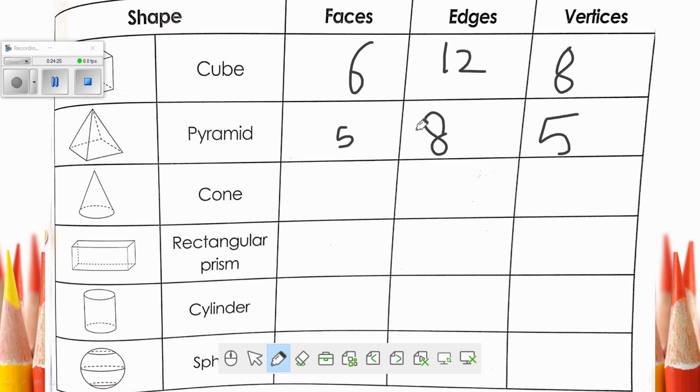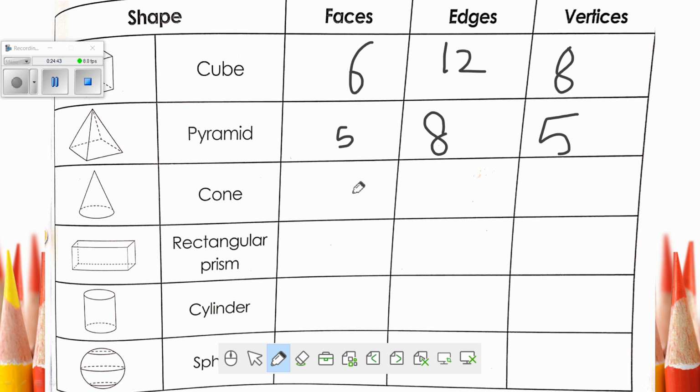These are the biggest. Look, 6 and 12. 12 is bigger than 6 and 12 is bigger than 8. The 8 here is bigger than 5, and the 8 is bigger than the 5 here.